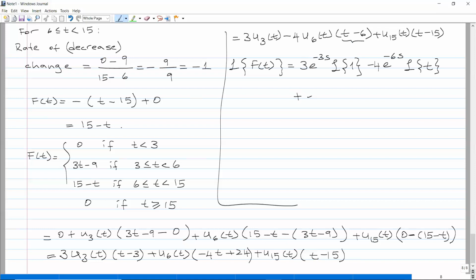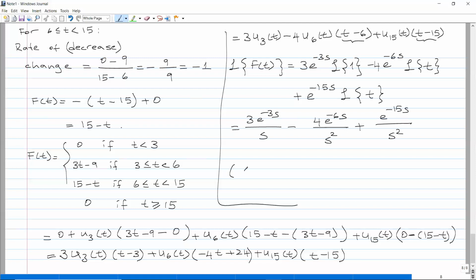Plus u15, so e to the minus 15s. Again, the function t is shifted by 15, so I take the Laplace transform of t. So 3 e to the minus 3s over s, minus 4 e to the minus 6s over s squared, plus e to the minus 15s over s squared. Remember, the Laplace transform of t is 1 over s squared.